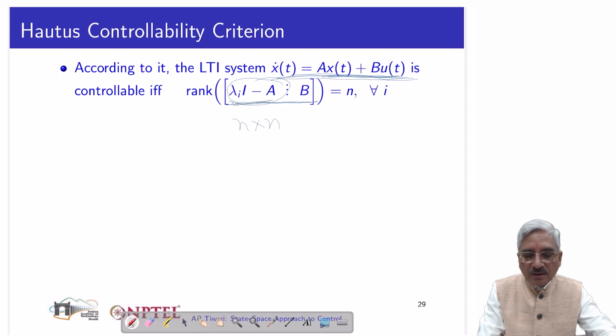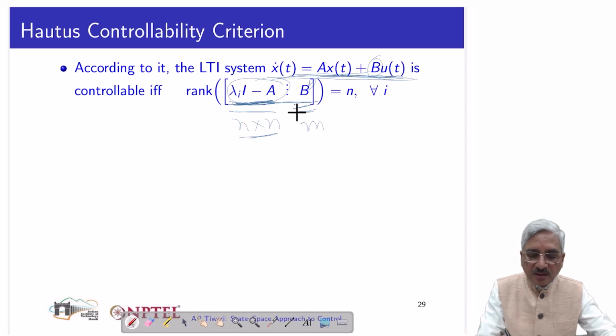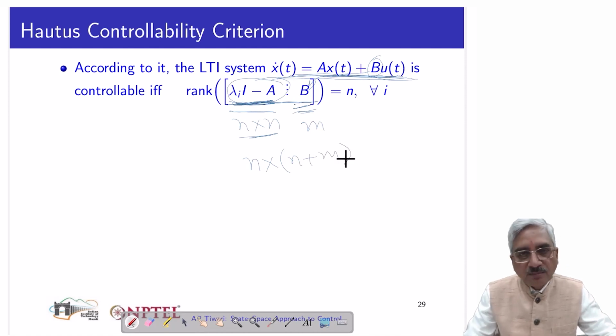So the ith eigenvalue is controllable if the rank of this matrix, in which the first part is lambda I minus A and the second part is the entire B matrix put as it is, is n. So the first n columns are the columns of lambda I minus A, and the next m columns are all the columns of matrix B. So this matrix is n by n plus m; there are n rows and n plus m columns.